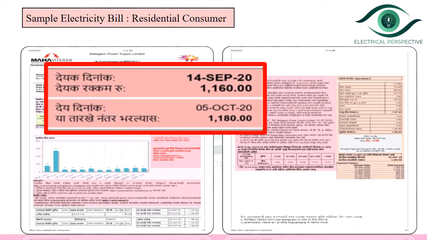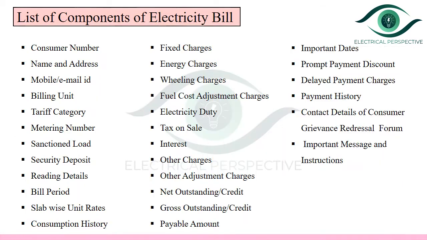Consumers do not feel it necessary to understand the other details mentioned on the electricity bill. But when the consumer suddenly receives a higher bill amount, we are all confused about the various figures mentioned on it, and therefore it is essential to know your electricity bill format.